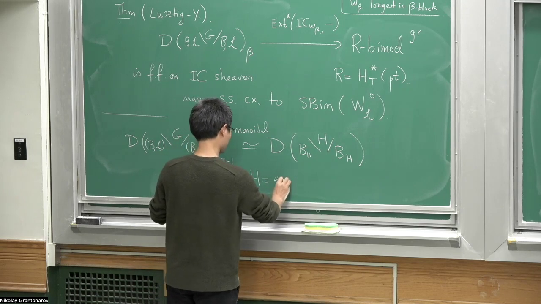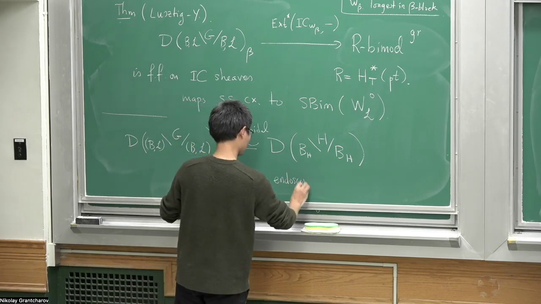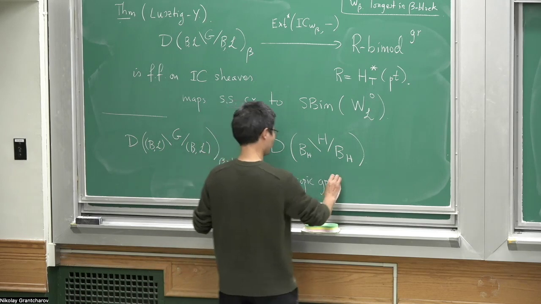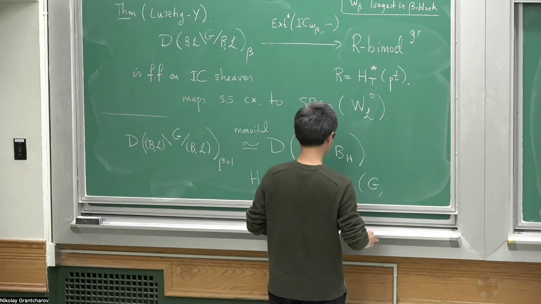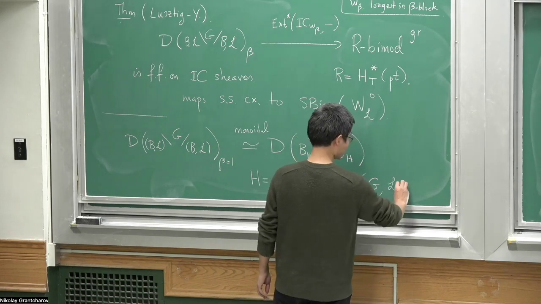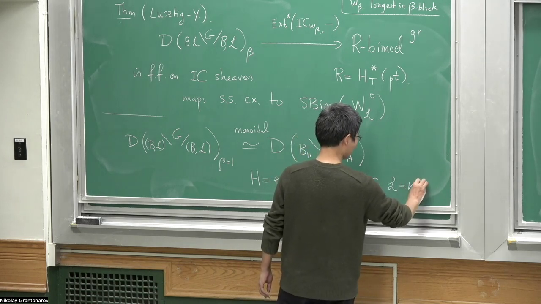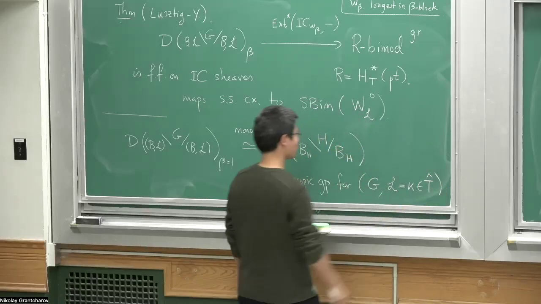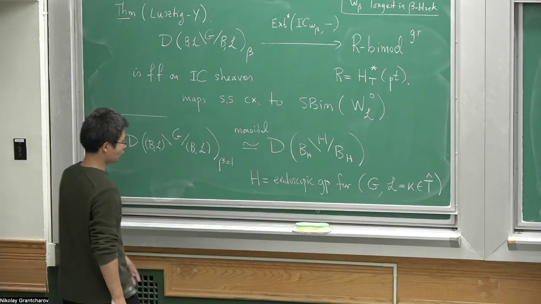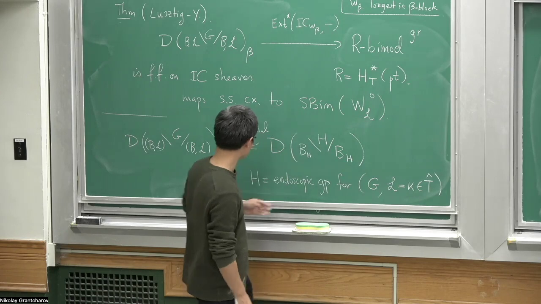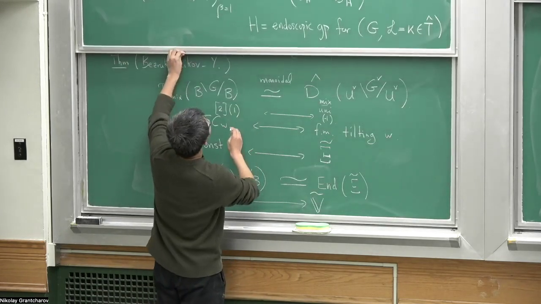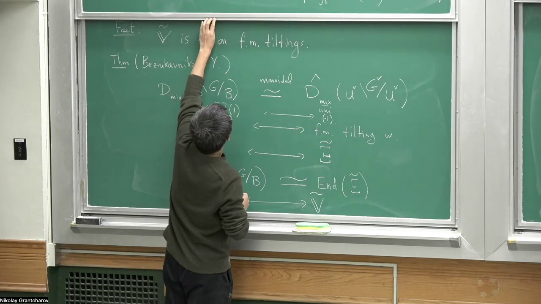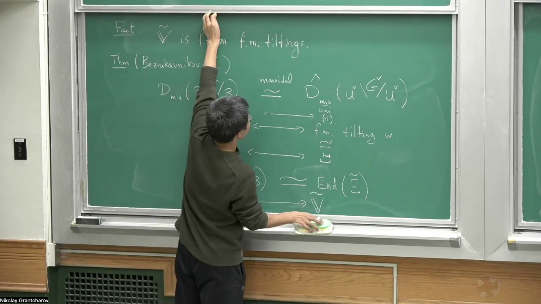H is the endoscopic group for the pair G and L, which is the same data as a semi-simple element in the dual group. From that pair, one can define a smaller group, which is not necessarily a subgroup.